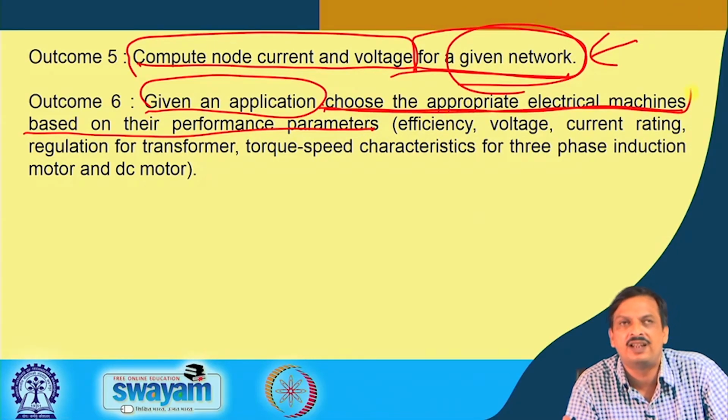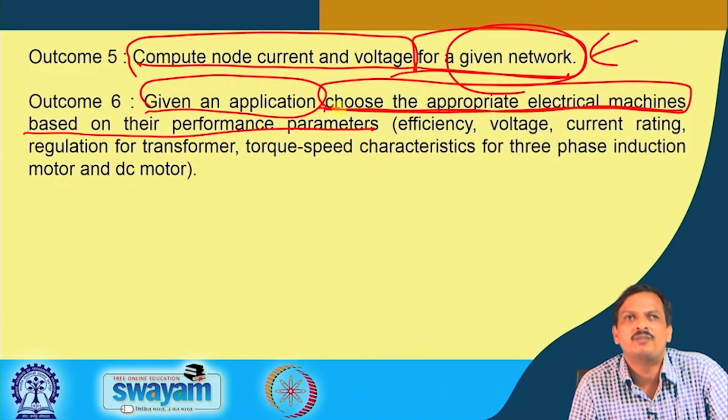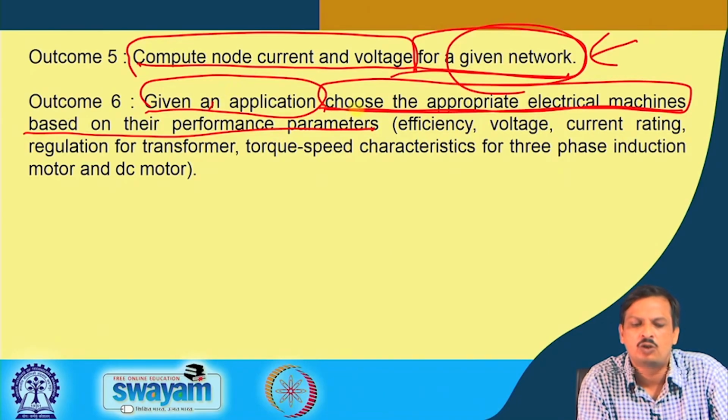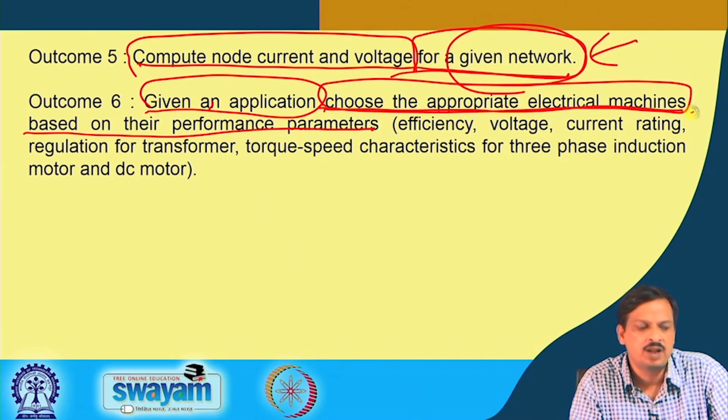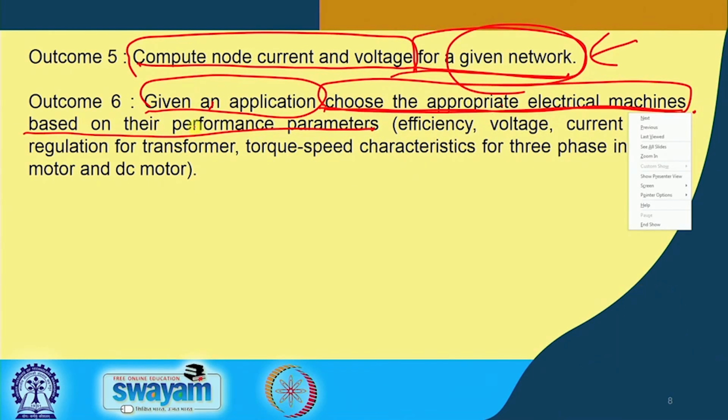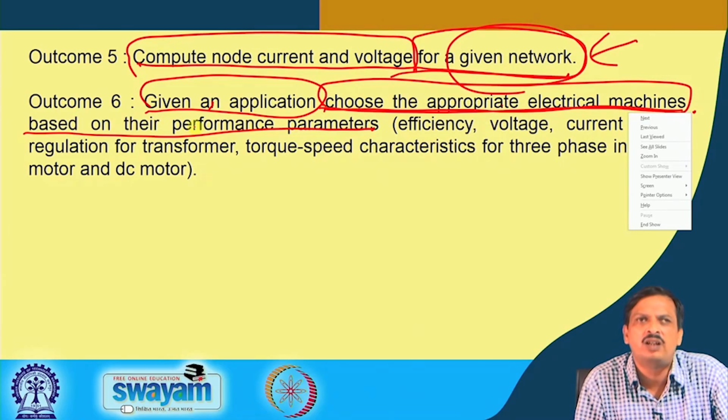Choose the appropriate electrical machine is the performance component. Given application, condition component; choose the appropriate electrical machine, performance component; based on their parameters, criteria component. Okay? So, for a given outcome, you can easily identify which one is the performance component, which one is the condition component, which one is the criteria component.